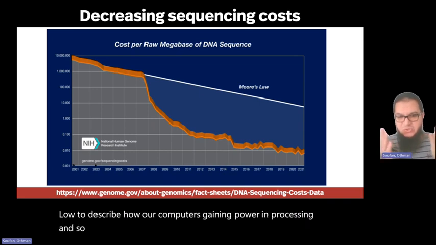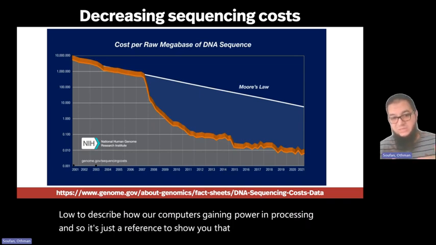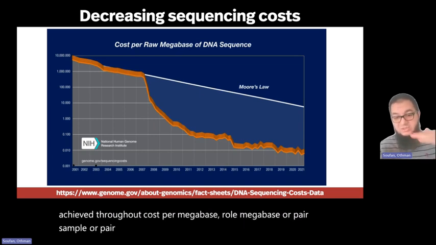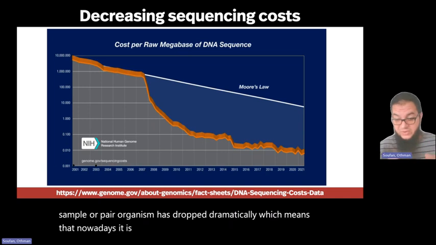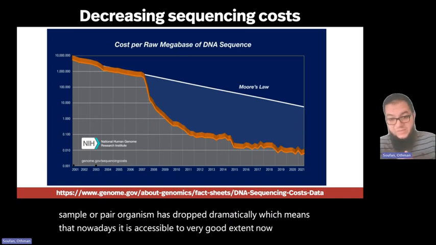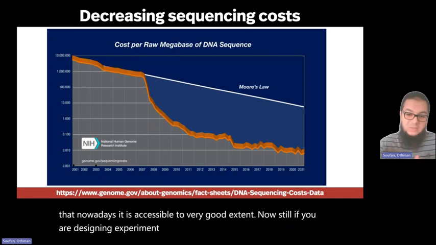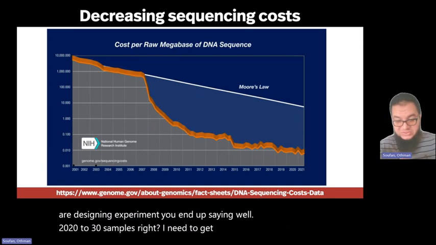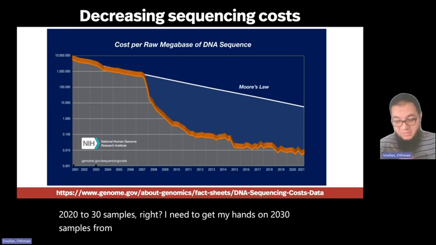This is just a reference to show you that the cost per raw megabase, or per sample, or per organism has dropped dramatically, which means that nowadays it is accessible to a very good extent. Still, if you're designing an experiment, you end up saying, well, I need 20 to 30 samples, right? I need to get my hands on 20, 30 samples from some species in the environment, some project I'm working with.